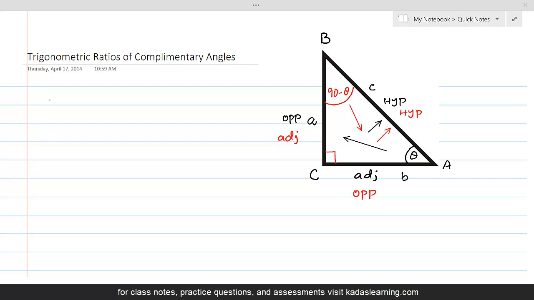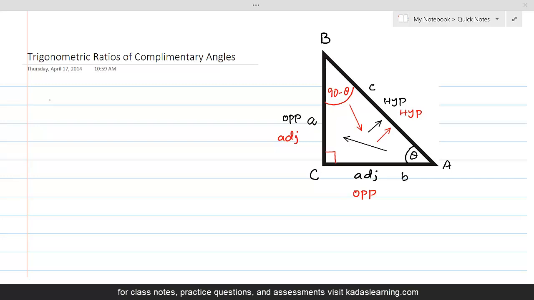If the angle under consideration is theta, then the side opposite to theta would be opposite and the remaining side will be adjacent, as we have marked the angle theta in black and corresponding opposite and adjacent sides in black as well.